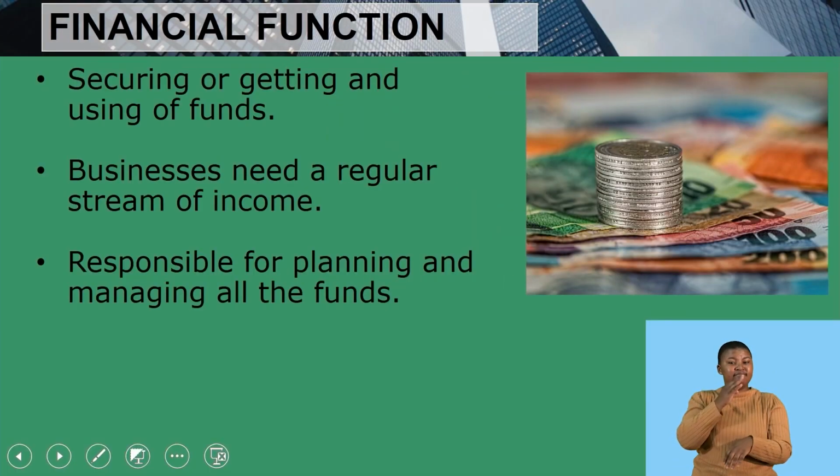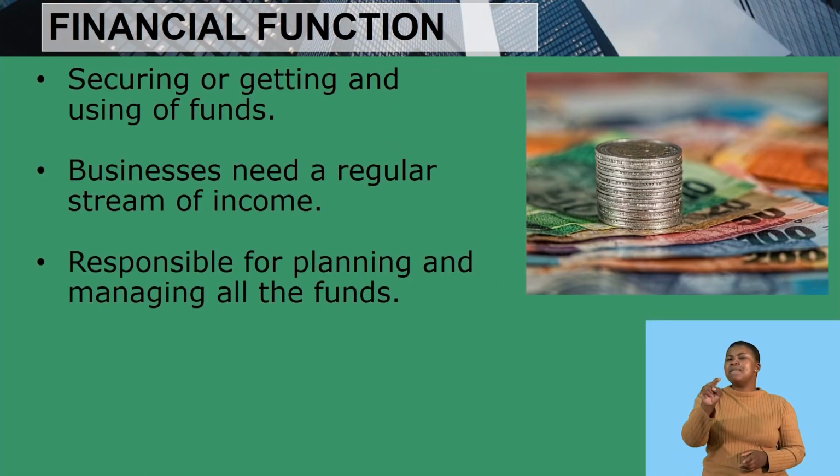Lastly, we are going to have a look at our financial function. Now remember, finances mean money. So this is the function or the department in a business that makes sure that we have enough money. So firstly, they will be responsible for securing or even getting enough money for our business.